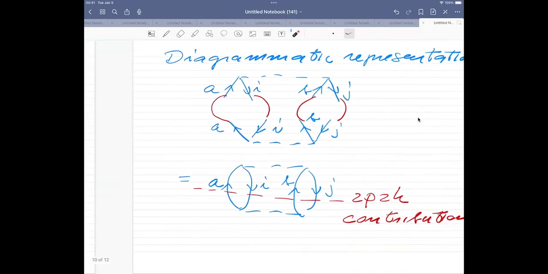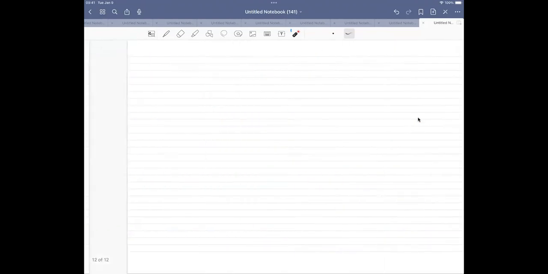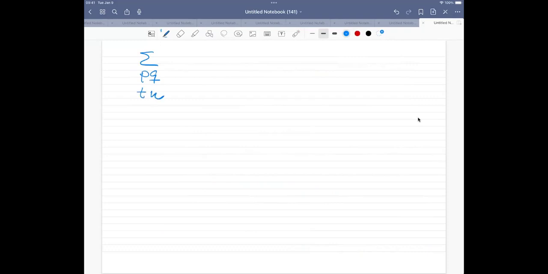So let's now look at the second term, the one-body term. So if we look at the one-body term, then we have a contribution to the energy, which now is going to be defined only by the Hartree-Fock term. But let's just set up this operator, and what we end up with now is a sum over P and Q and T and U. And then I'm leaving out the energy denominator as before.